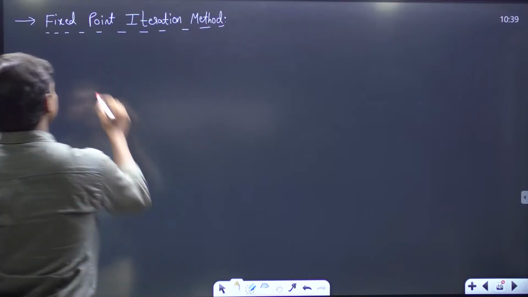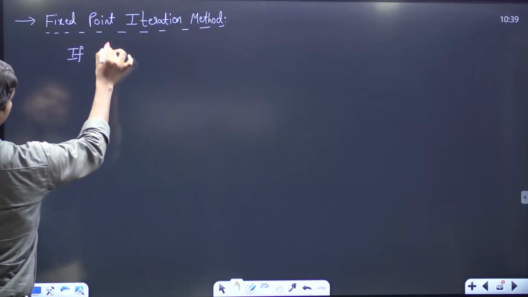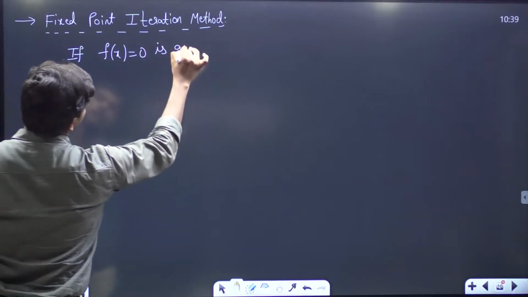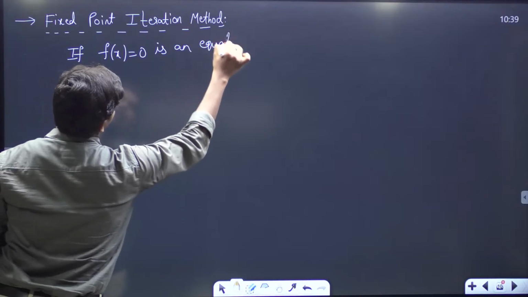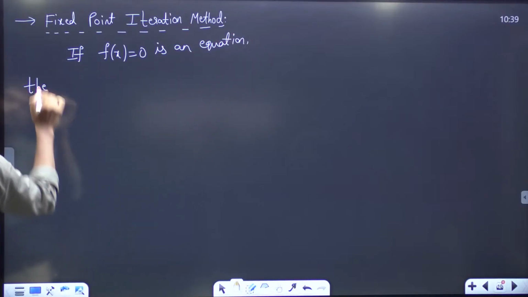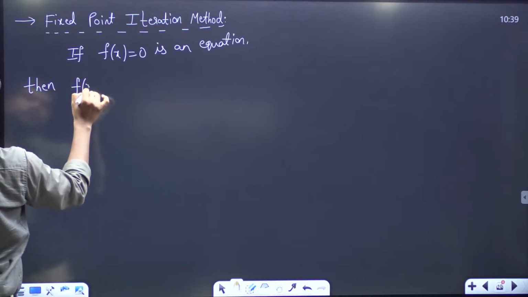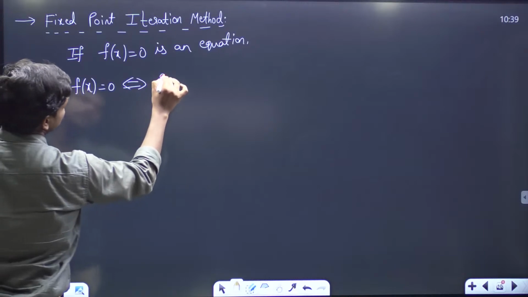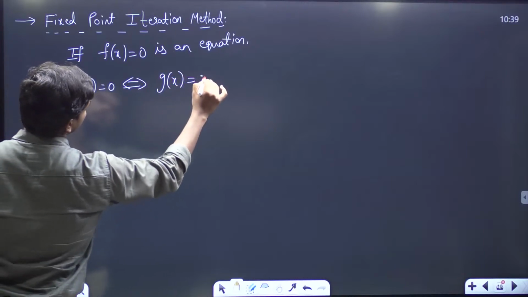So see here. If f of x is equal to 0 is an equation, then f of x is equal to 0 can be identically expressed as g of x is equal to x.